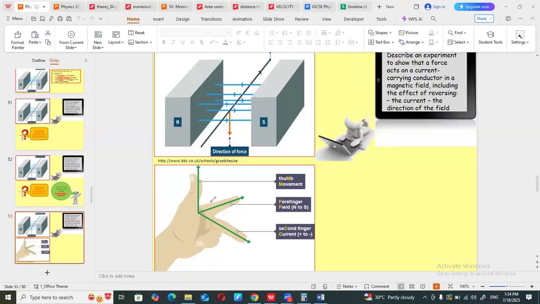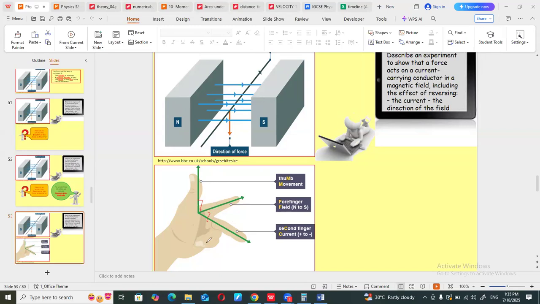This is the direction of the current, which is in the downward direction. And this thumb will show you the direction of the force. Remember that all three fingers are at 90 degrees to each other. We can't show it in 3 dimensions, but remember that all of these are at an angle of 90 degrees.